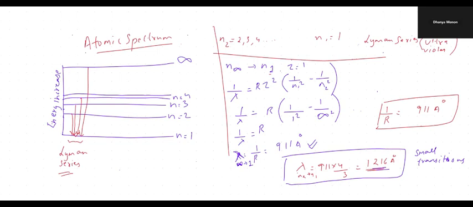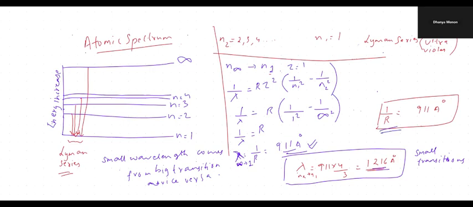So we can say small wavelengths come from big transitions. So we have proved that. If we have a bigger transition, the wavelength is small, and vice versa. Another thing, please remember the value of 1 by R.